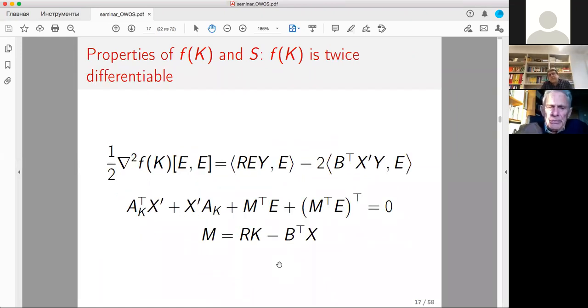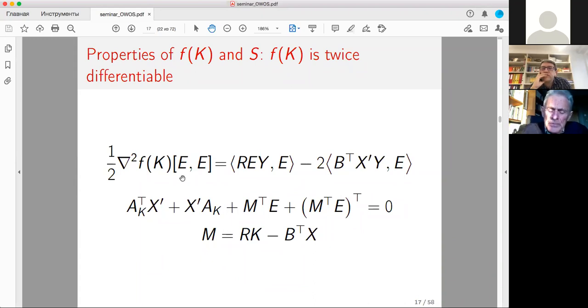Now, the second derivatives of f are also available. Well, it's a complicated construction, the second derivative of a matrix function.